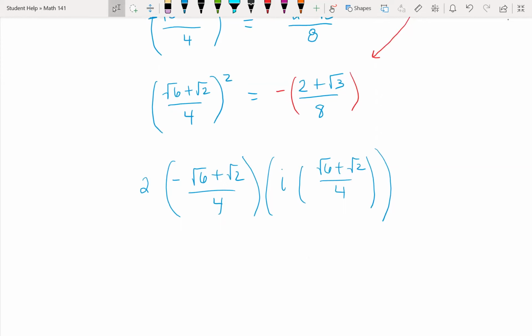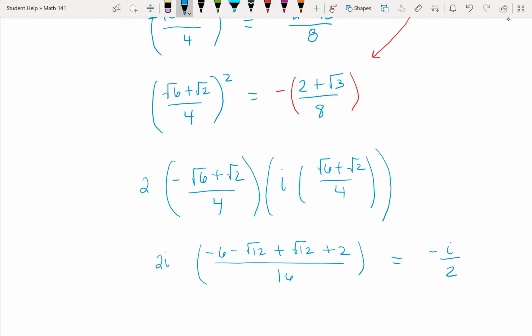Whole lot of things cancel when you do this. And you end up with 2i times negative 6 minus root 12 plus root 12 plus 2 over 16, which will eventually boil down to -i over 2.